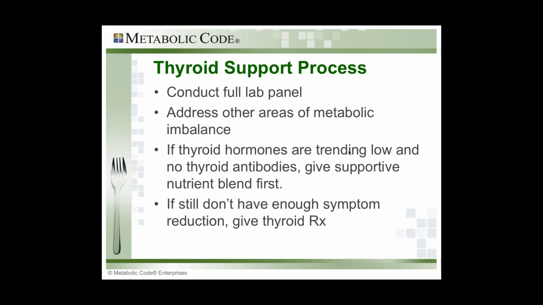If we can get the body to make its own thyroid hormone, that's always the best choice. If we supply all of those important nutrients for a few months and we don't see enough symptomatic reduction, and we don't see the labs improve enough, then we will go to the thyroid prescription.